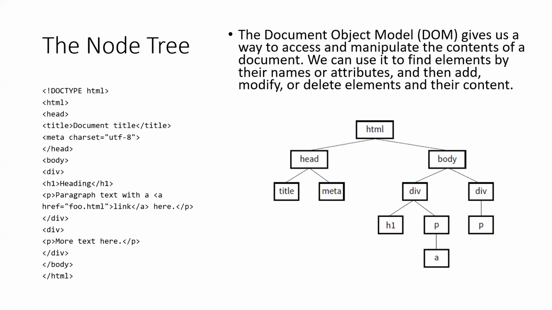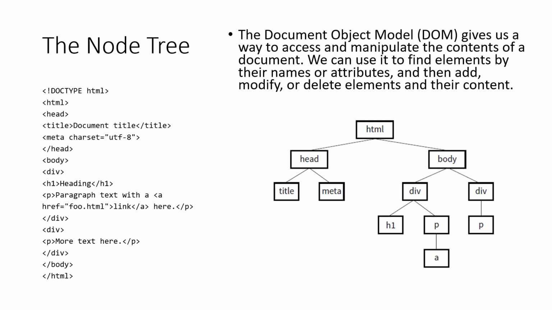So accessing the content in the element is very, very important. And that's the flexibility we get with JavaScript as well. As you can see here, on the left-hand side we have an HTML document, and on the right-hand side you have the document object model of this document, right? Within HTML, we have two parts, head and body. Inside head, we have title and meta.